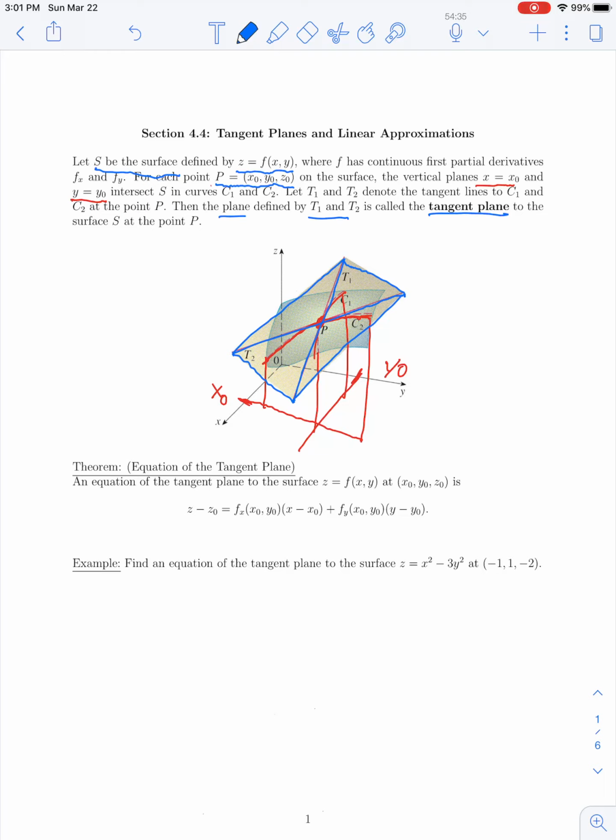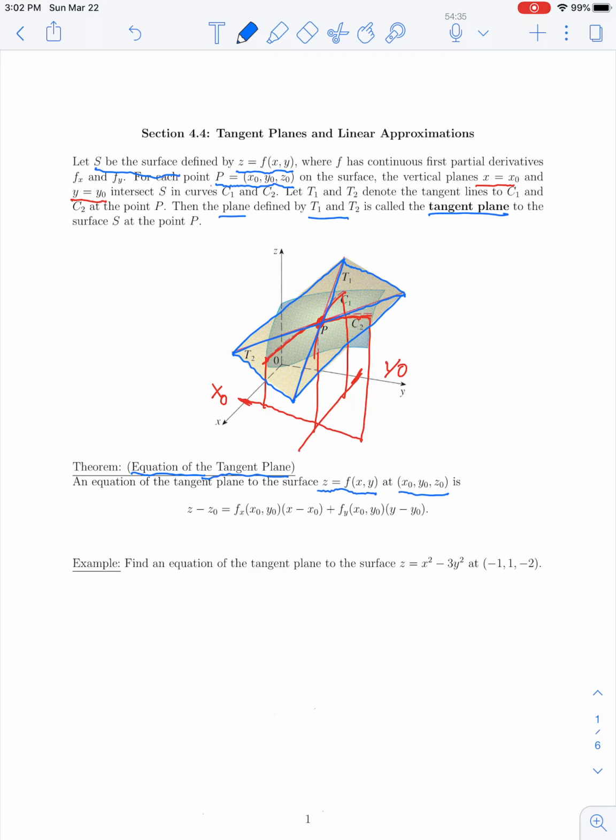Now, if we're interested in finding the equation of this plane, which we'll see could be used in some applications a little bit later in this section, we can make use of the following theorem. This theorem is the theorem for the equation of the tangent plane to a surface, defined as the graph of some function, f of x, y, at a point x naught, y naught, z naught.